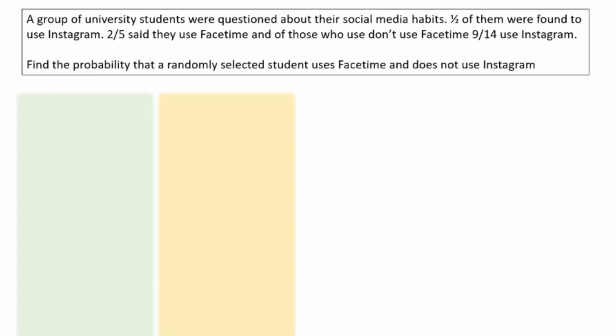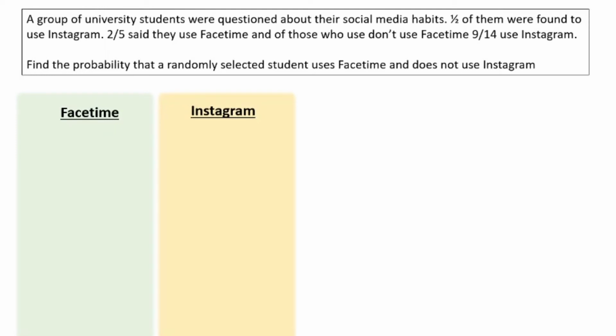We were told of those who don't use FaceTime, 9/14 use Instagram. So that indicates to me in the tree diagram, the branch following on from the people who don't use FaceTime is going to be a branch telling me about Instagram. So I can label the first and the second options accordingly.